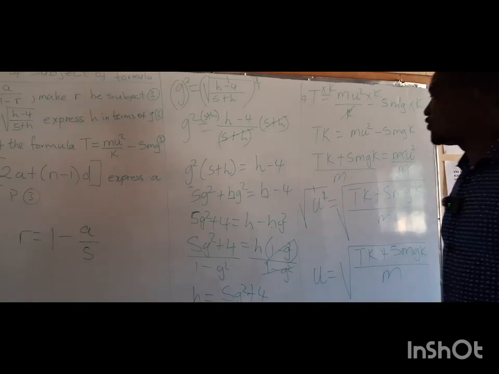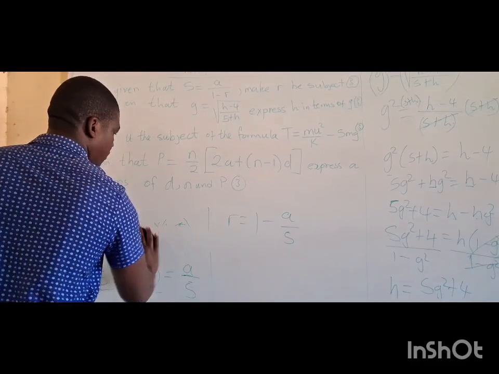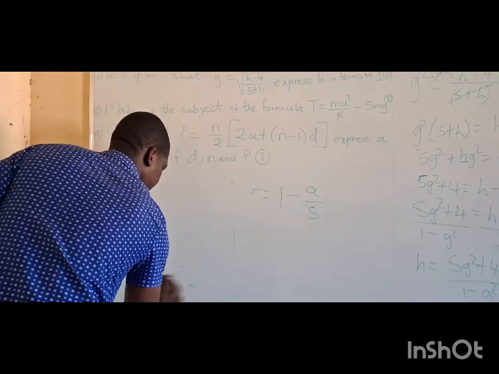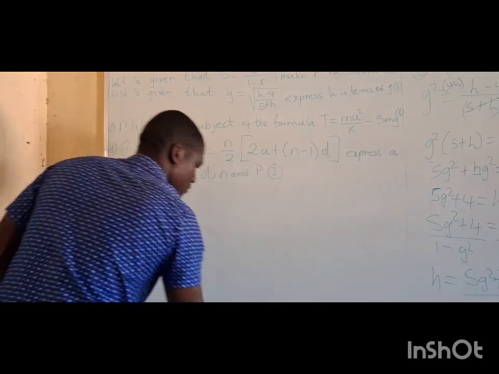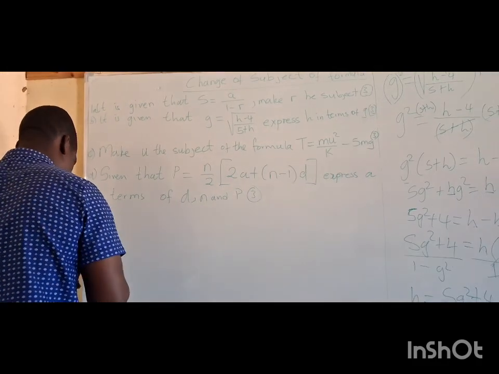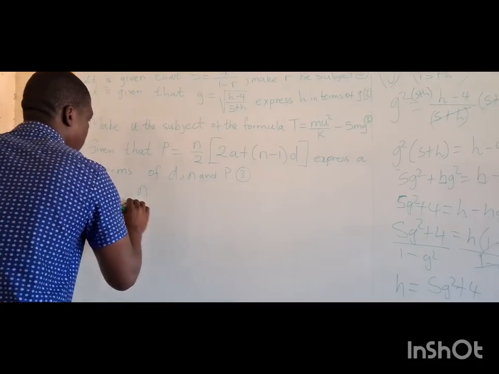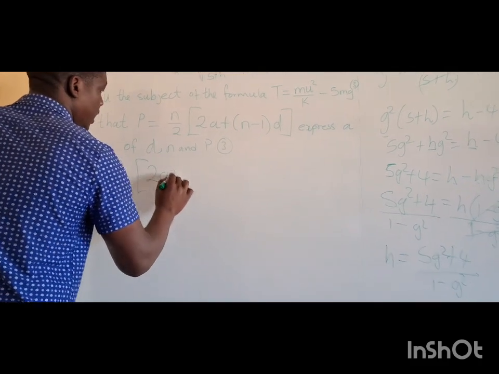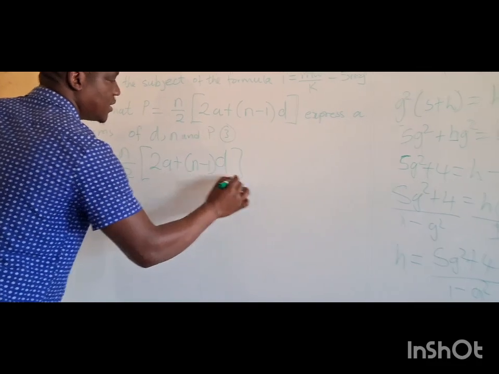Right, we are doing the last part. We are given that p is equal to n over 2 times 2a plus n minus 1 d.